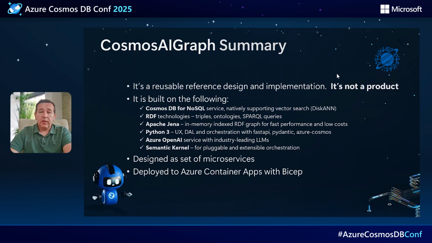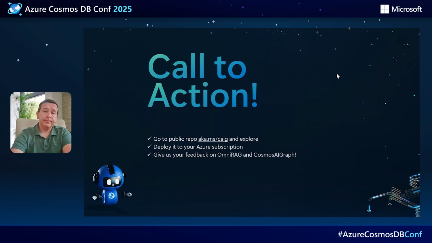And we also utilize Python for user experience, data access layer, and orchestration. We utilize Azure OpenAI for industry-leading large language models, and semantic kernel for pluggable and extensible orchestration. It is designed as a set of microservices, again, could be hosted in Azure Container Apps or Azure Kubernetes Service, and could be deployed with the simple bicep script that we also provide.